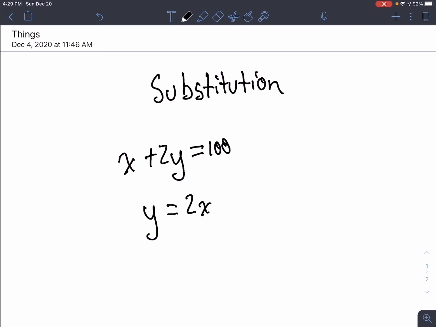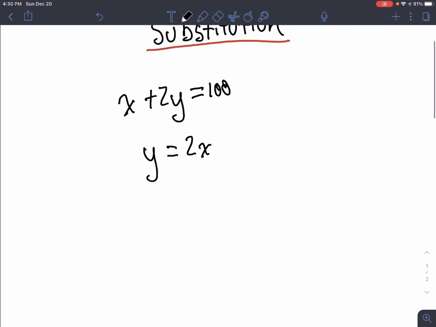These are still two equations, but since we know that y is actually equal to 2x, we can substitute 2x in for y. Now you can understand why it's called the substitution method, because we are substituting 2x into the y variable, since we know y is equal to 2x.